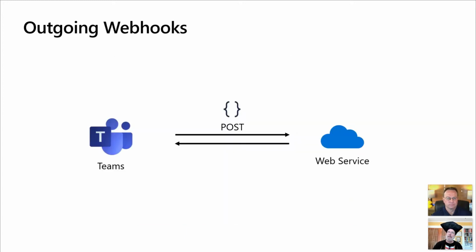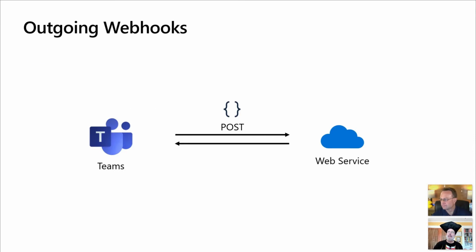So as Dan pointed out, outgoing is, by the way, from the perspective of Teams. If you think about it from Teams' perspective, not from your program, the outgoing call is going to come from Teams and into your web service, and then you get to respond by responding to the HTTP post.